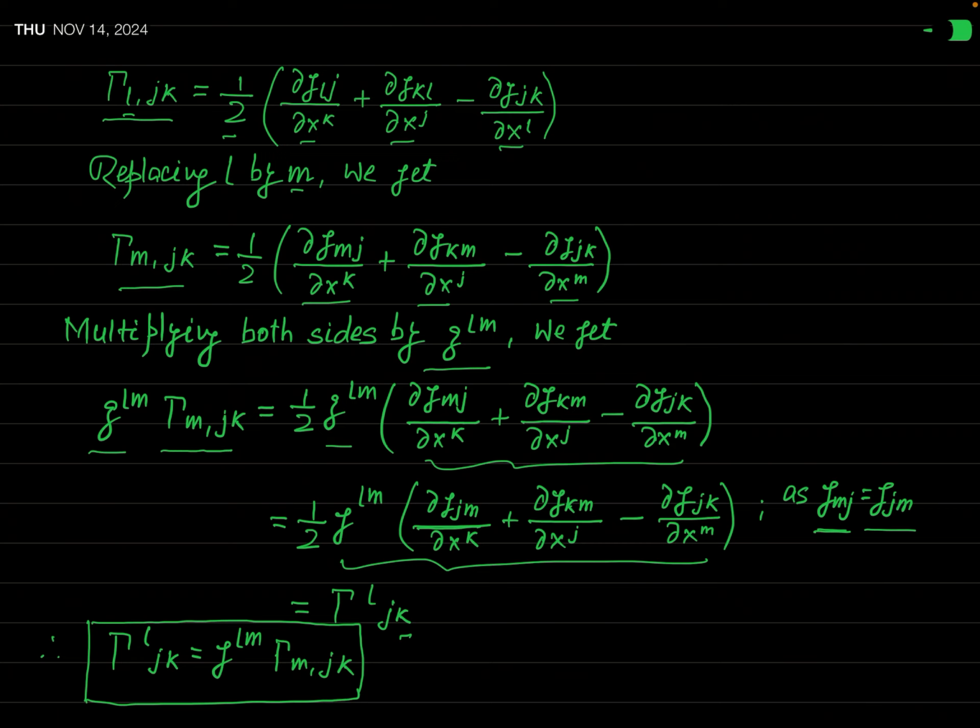So in this way, I have proved that Γ^l_jk is equal to g^lm times Γ_m,jk.